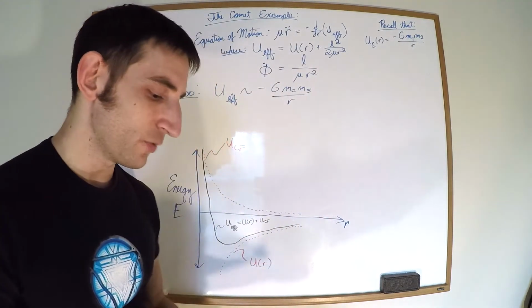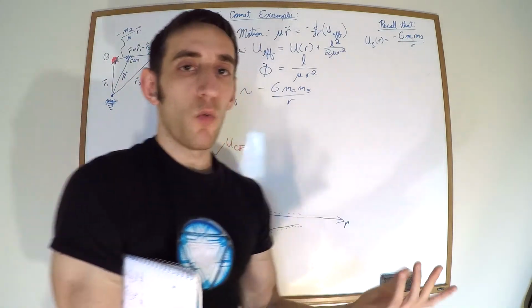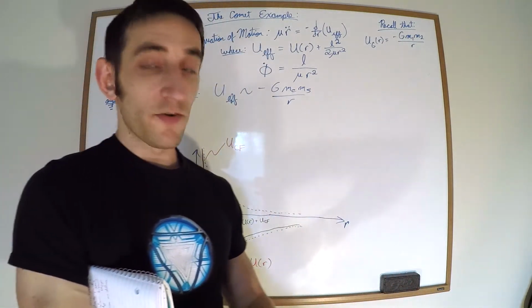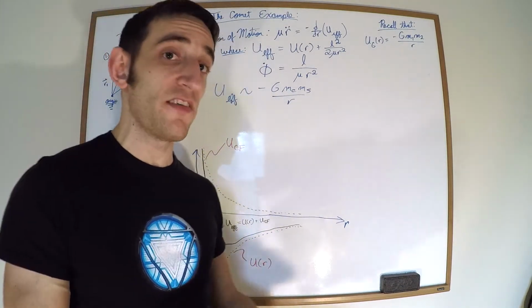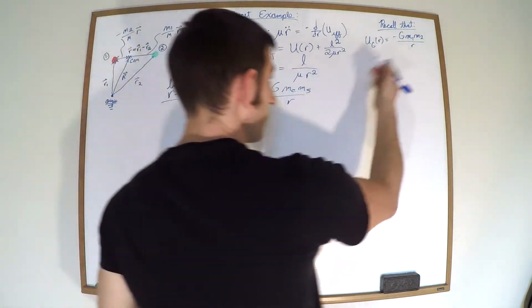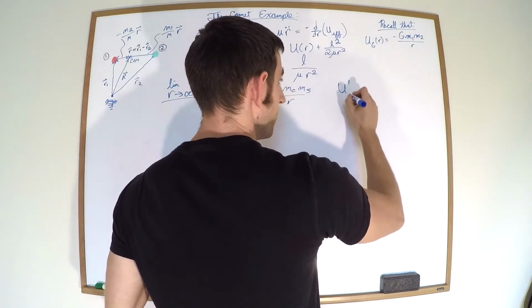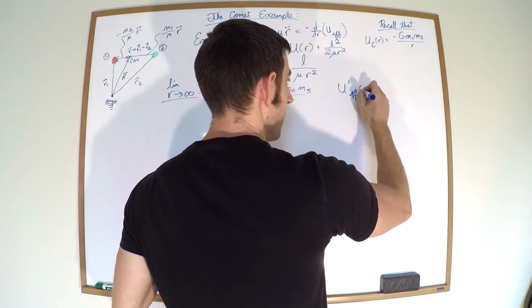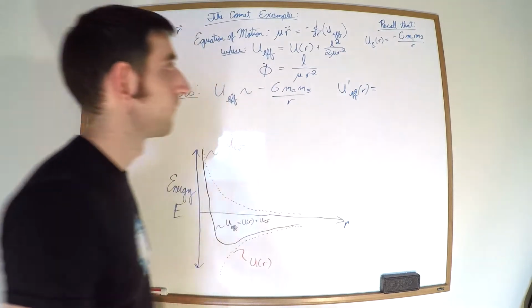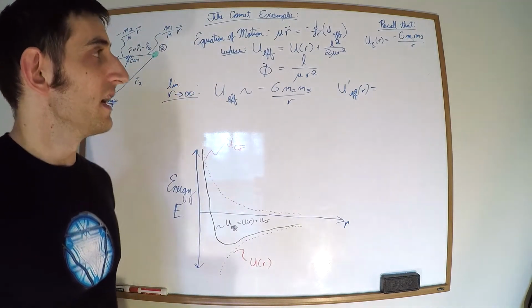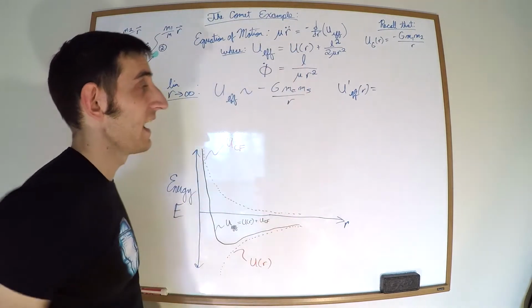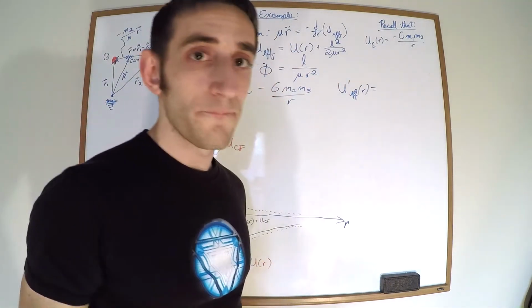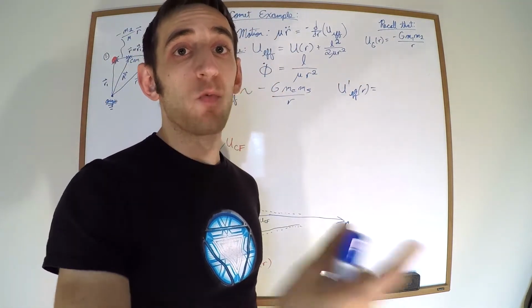What we can do is start questioning what's going on with the derivative. That's going to help us draw the plot, and it's also going to divulge a lot of the physics. So let's start taking the derivative, okay? U prime of r is basically, we're going to take the derivative of this term first. So the derivative of 1 over r is negative 1 over r squared.